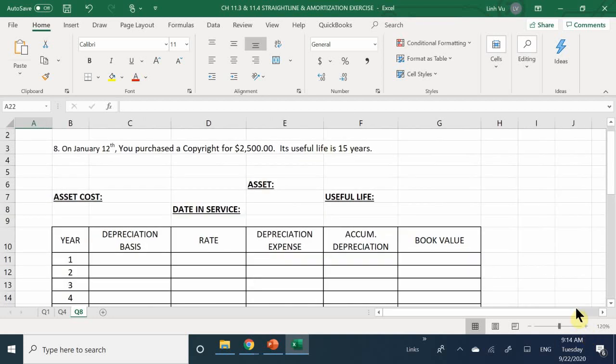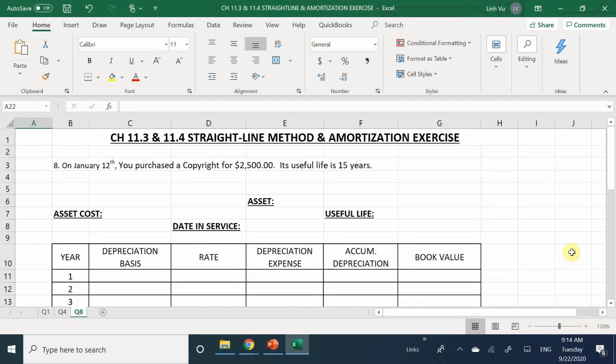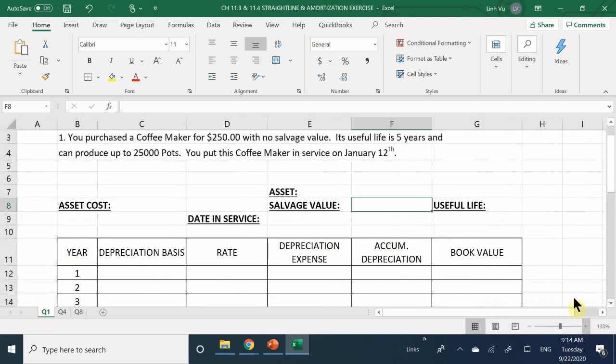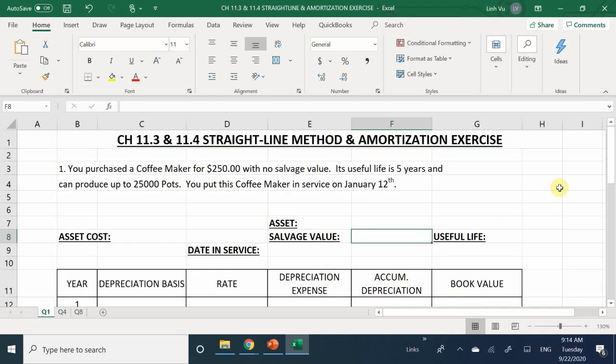Let's get started on our first problem. I'll give you guys a couple seconds to grab your worksheets out.